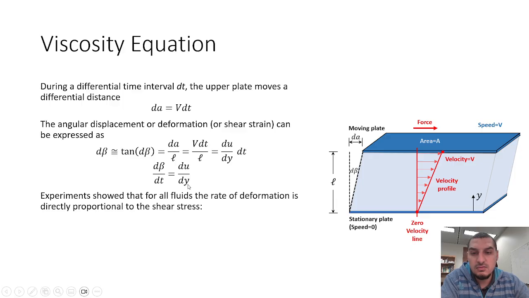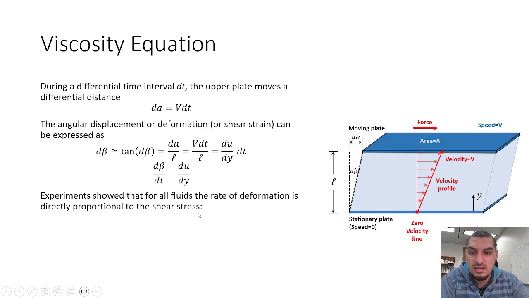And we know experimentally that the rate of deformation, d beta by dt, is what we can measure easily. You can measure the angle, and you can do the experiments for different fluids with different angles, and for each angle you can see the relation between the shear force and this angle.